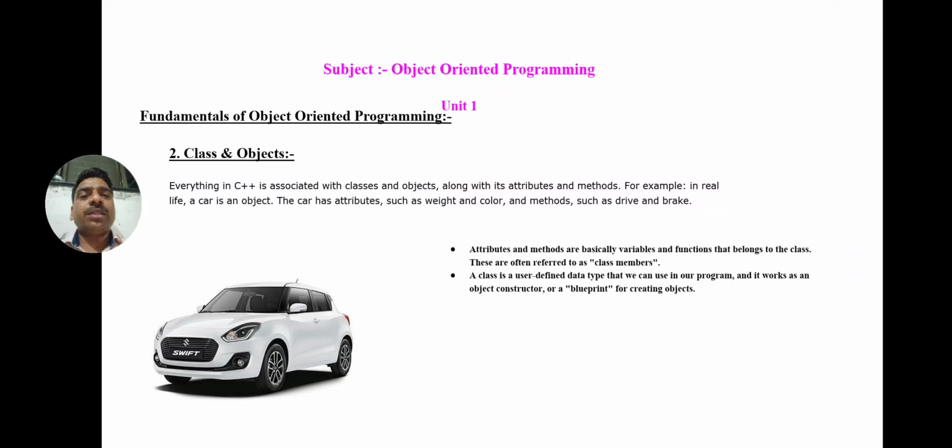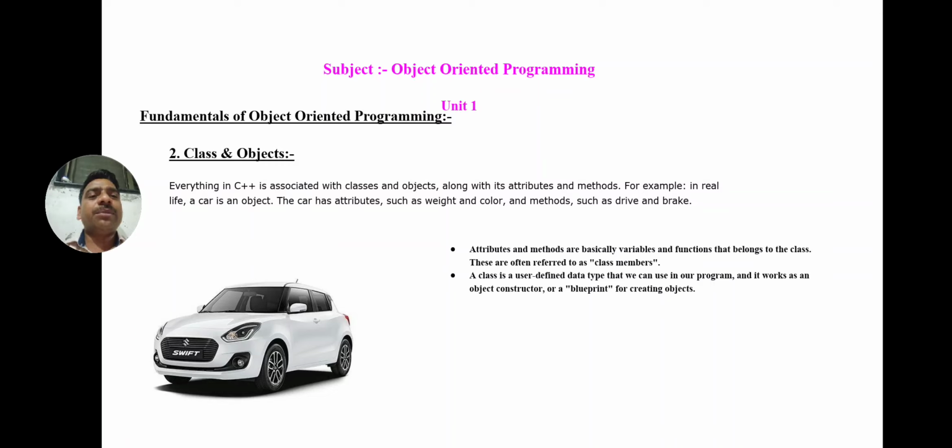For example, in real life a car is an object. The car has attributes such as weight and color, and methods such as drive and brake. So you can consider the data members as the car's weight and color, and the methods as functions like drive and brake.